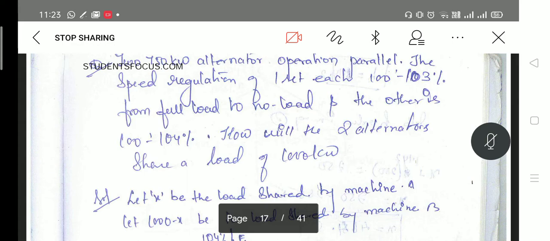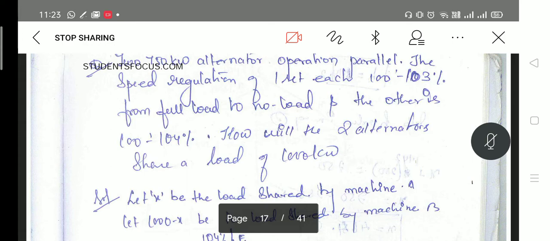Speed regulation is given from full load to no load. The other is 100 to 104. How will the two alternators share the load of 1000 kilowatts?